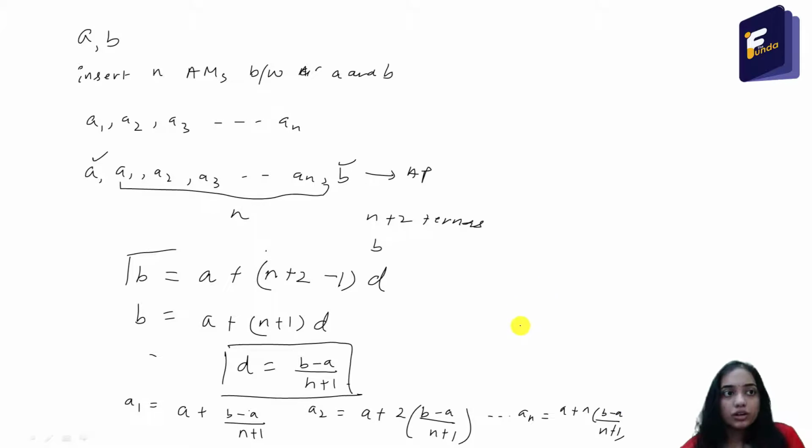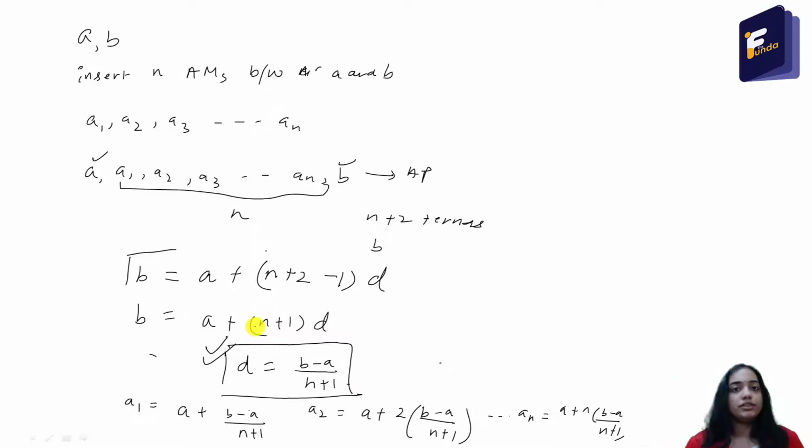If you want, you can remember this: whenever we are inserting n arithmetic means between two numbers A and B, the common difference is B minus A by n plus 1. By remembering this, you can quickly solve the questions. Immediately you know the common difference, so you add it to A and get the series by adding the common difference.